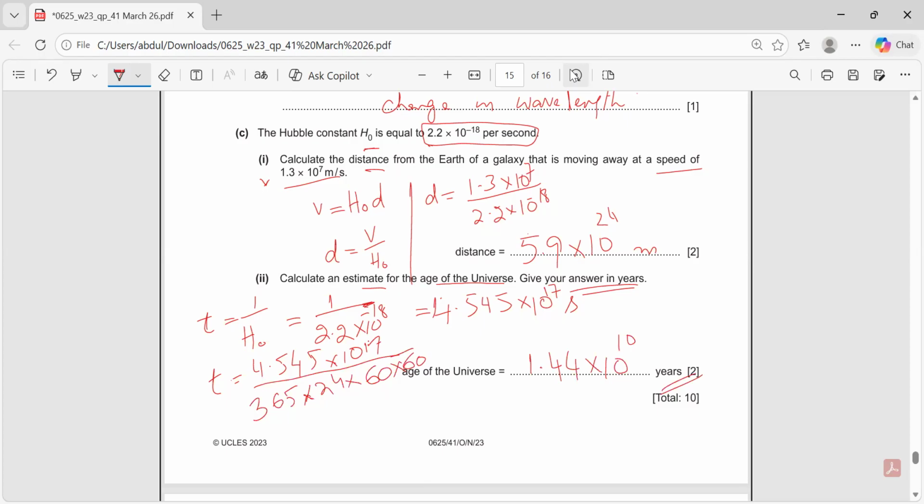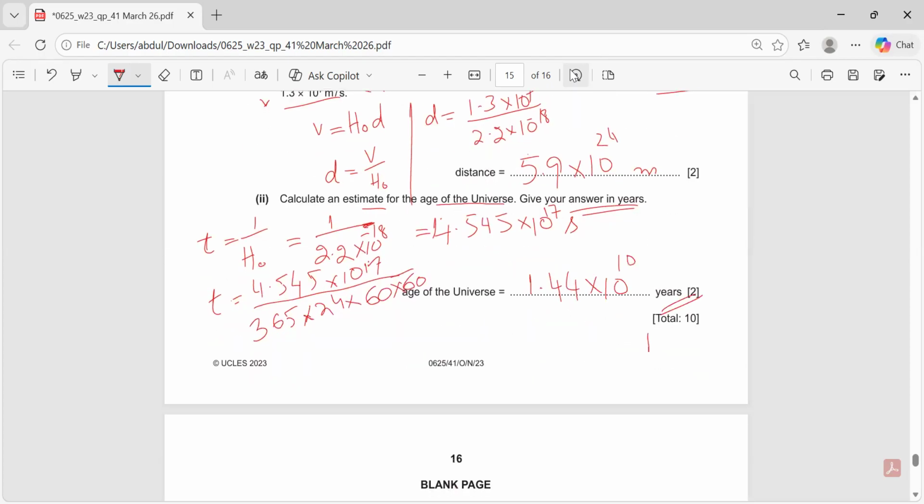Okay. He can also ask you the answer in terms of billion years. Then you can write 14.4 times 10 raised to power 9 years. And 10 raised to power 9 means 1 billion.